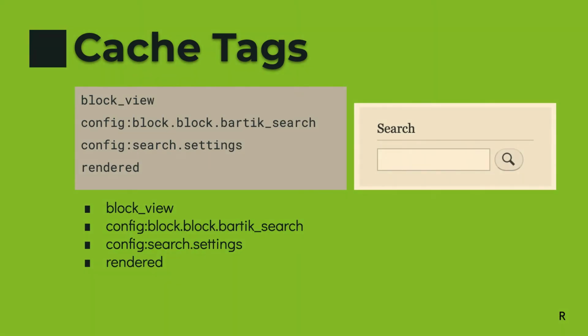So we have an example, again, using our search block in vanilla Drupal. You can see that we have block view, we have the configuration for the search, we have the search settings, and we have rendered.